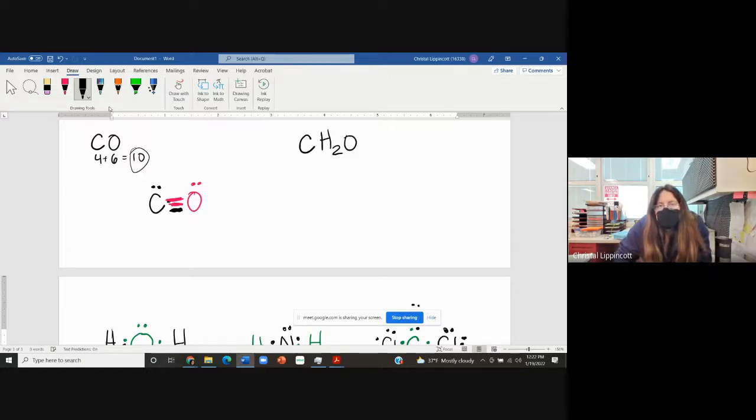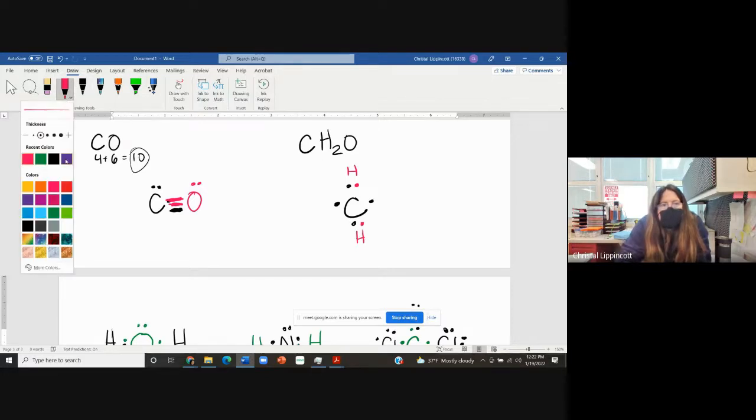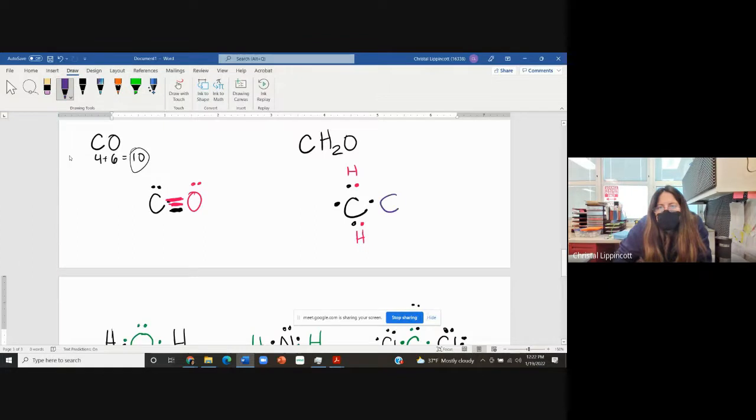All right, last one is my carbon. So carbon has 4. My hydrogens have 2. So I'm going to put my hydrogen here, and I'm going to put a hydrogen here. And then I'm going to draw in an oxygen over here. Hopefully that's a color distinction enough to be able to see between the oxygen and the carbon.